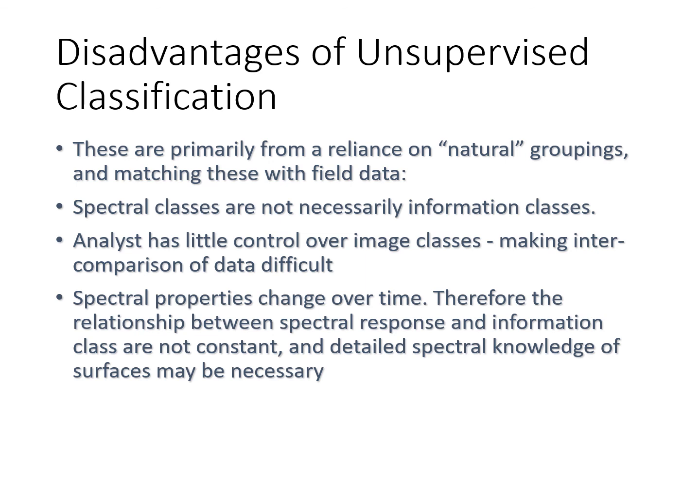So for instance, if we're doing mixed forest, conifer forest, and broadleaf forest, the unsupervised classification may always determine those as a single class, or it might just split it into two classes.